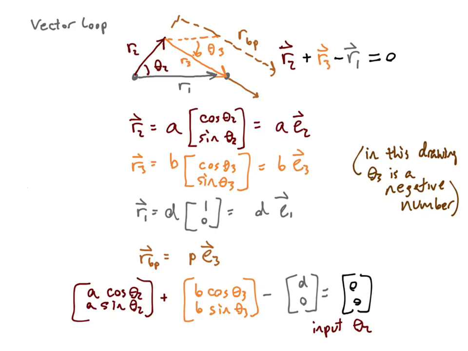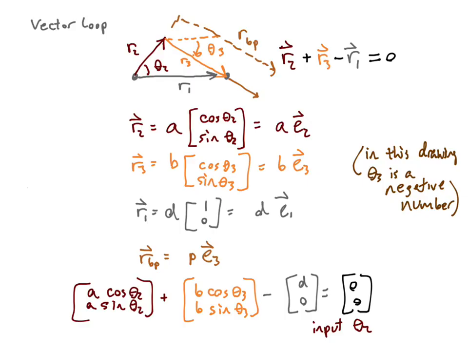And then looking at this matrix equation, we can see that A is known because that's the length of the crank. B is unknown because that can change. So depending on where theta 2 is, the length of B from the start of the slider to where it meets the ground changes. So B is an unknown.